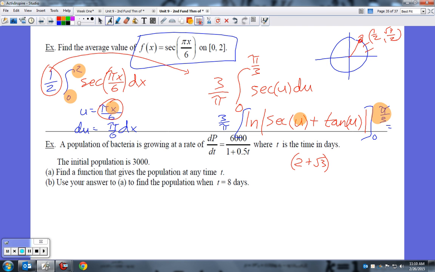So technically I have the natural log of that minus, here we go, the natural log of, let's plug in the 0 now. What's the secant of 0? 1. What's the tangent of 0? 0. What's the slope there? 0. Y over x is 0.